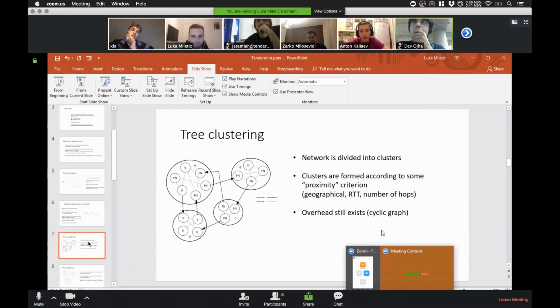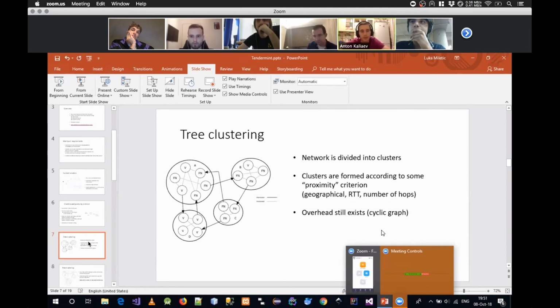That's what I was going to say. In this tree clustering model, there are too many missing details. Like, what if the root of a tree goes down? Is the tree supposed to rebalance itself? It's very hard to maintain this exact tree structure within the cluster.